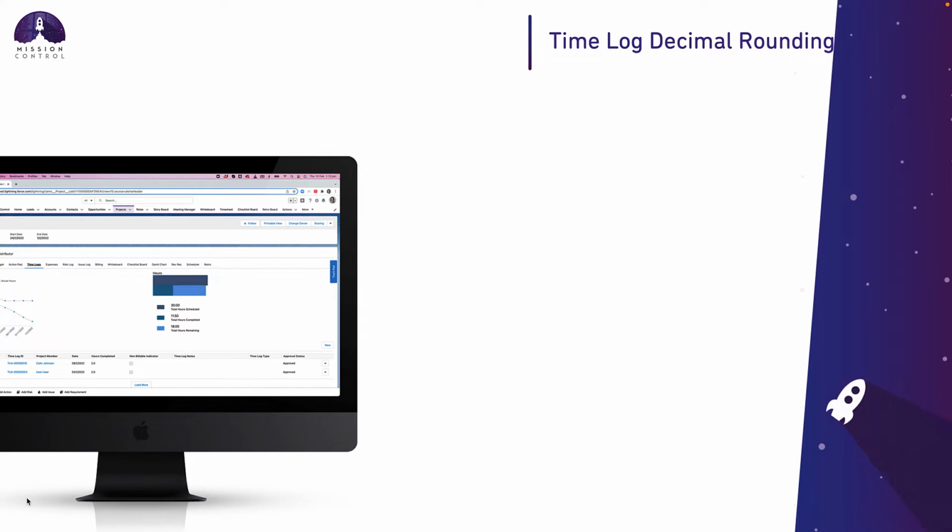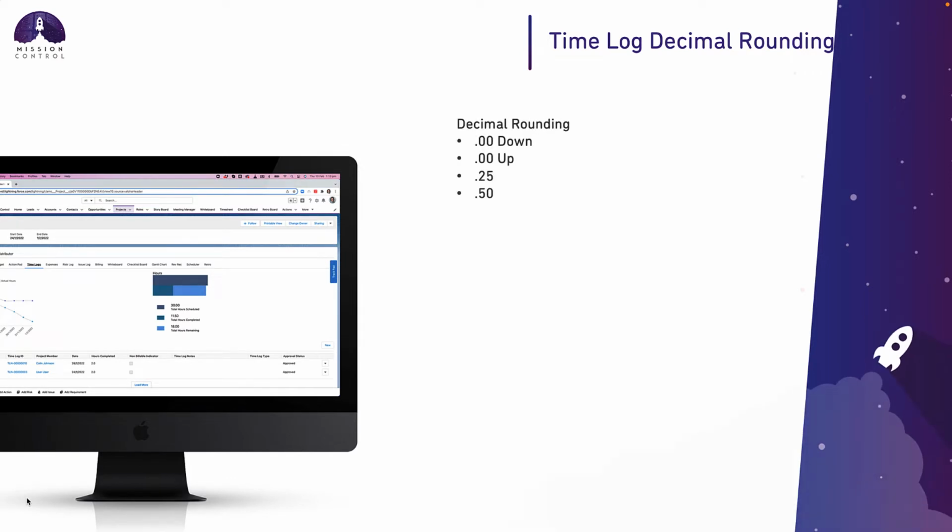So time log decimal rounding, you've got four options here. For example, if I log some time and it's like 1.12, the decimal rounding setting can be used and applied to that to automatically round to my specified value. So for example, you can see on the screen there, you can round down to the nearest hour, you can round up to the nearest hour, or you can round to the nearest quarter of an hour or the nearest half hour.